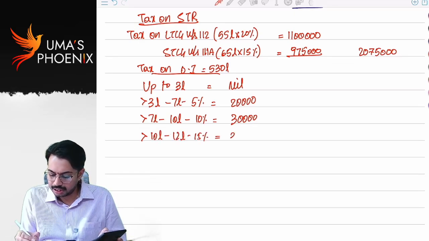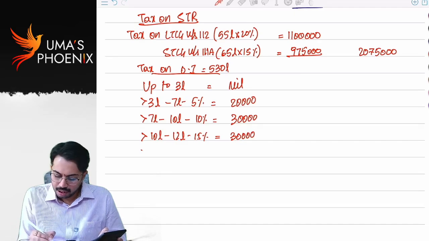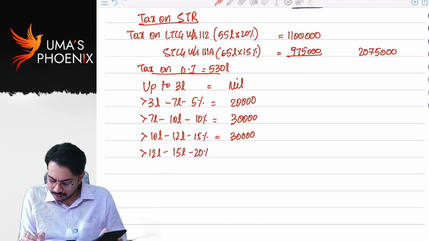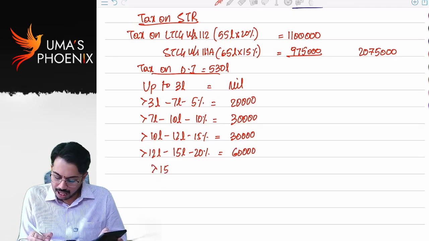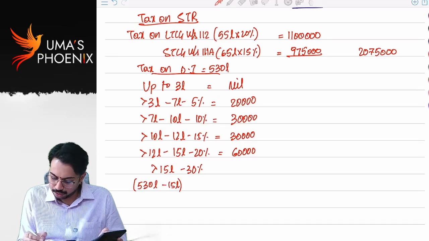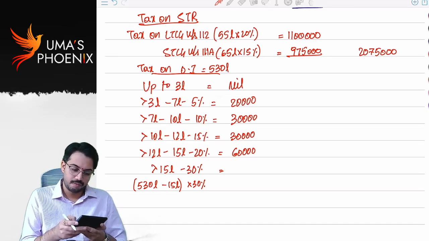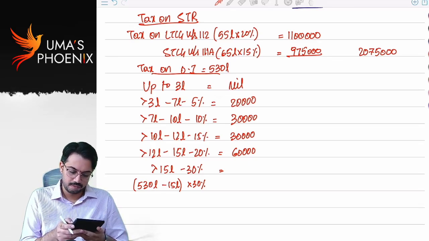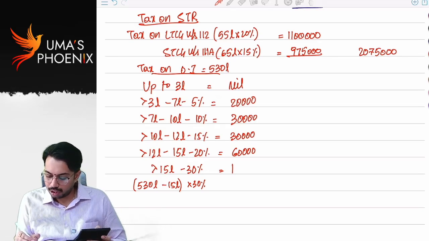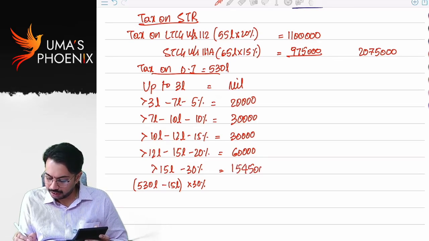Tax amount is 30,000. Greater than 12 lakh, up to 15 lakh, tax rate is 20%. Tax amount is 60,000. Above 15 lakh, tax rate applicable is 30%. 530 lakh minus 15 lakh into 30%. How much? 1 crore 54 lakh 50,000.